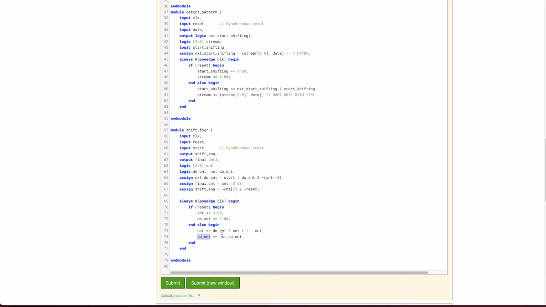So when count is 3, we'll have count is 4, and then do count will be 0, and we'll be stuck at 4, which is good.